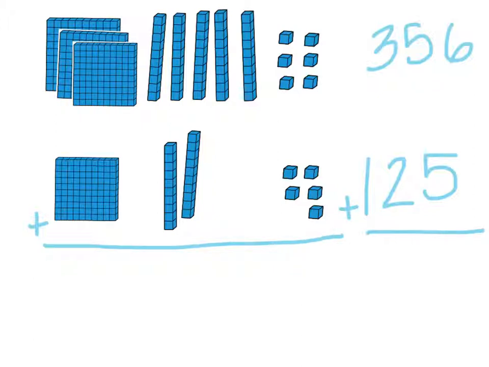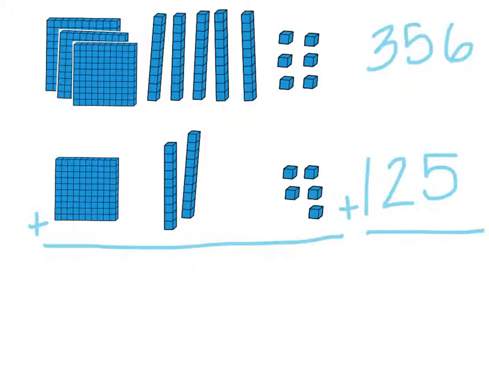I'm going to add the place value blocks starting with my ones column, then my tens column, and then my hundreds column. The same way I would add my standard algorithm or problem. I would add the ones column, then the tens column, and last I would do the hundreds column.